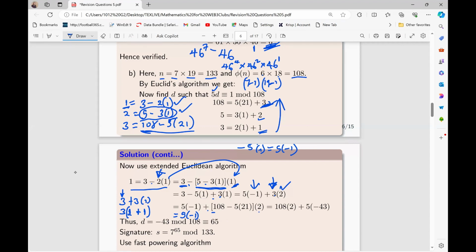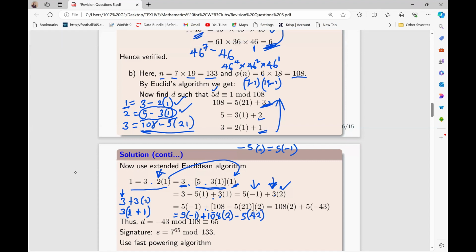So when you take them inside, you would get 108 multiplied by 2. This plus times this minus will be minus 5 multiplied by 42. Again, we can see 5 appearing twice.